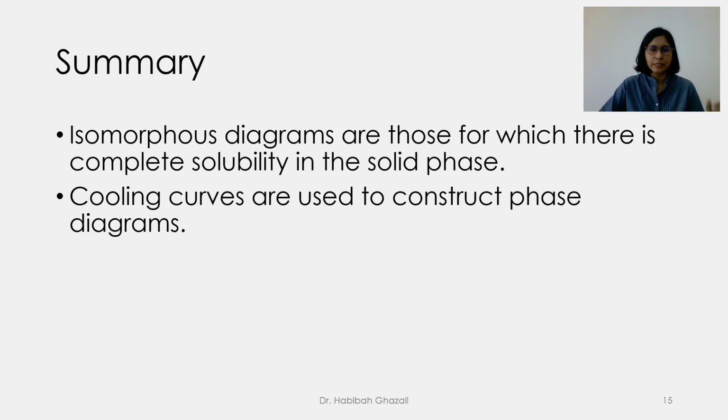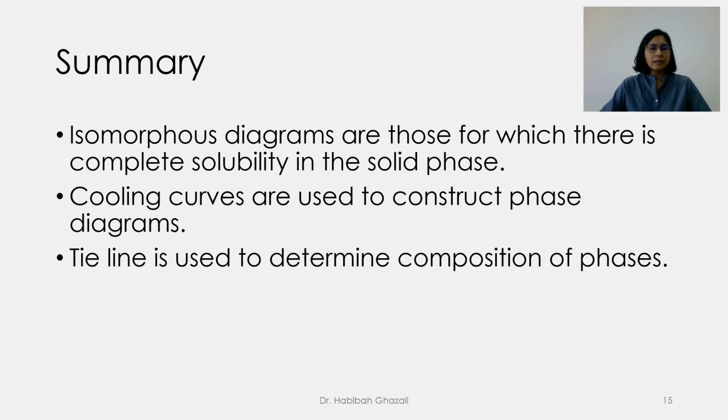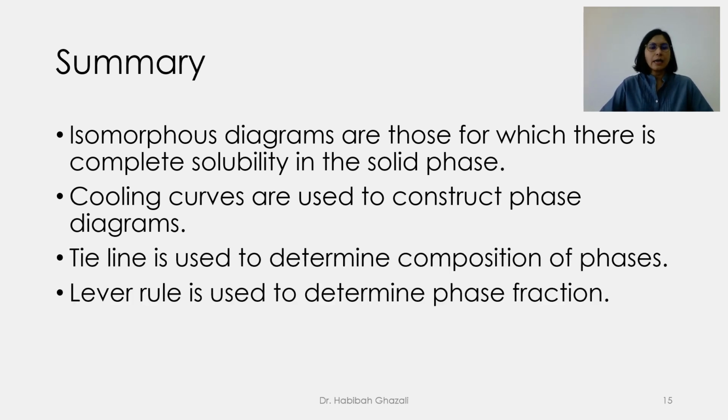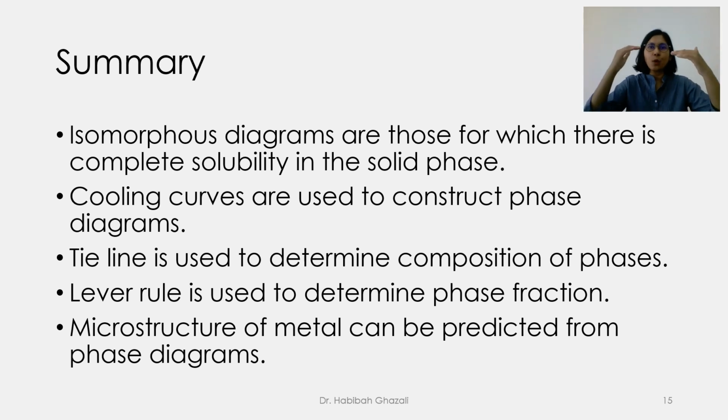These are some of the summary points that you should get from this lecture. We use the tie line to determine the composition of phases, and we use the lever rule to determine the phase fraction at any point in the phase diagram when we analyze the composition of an alloy.